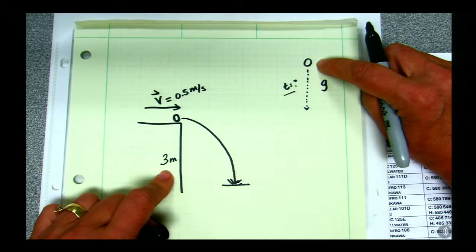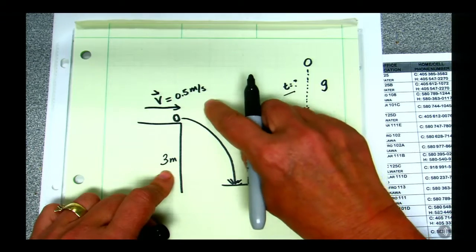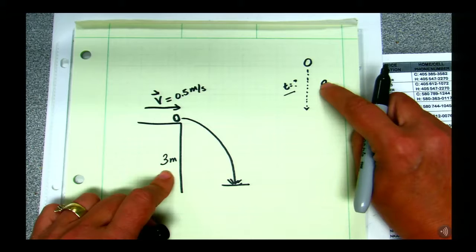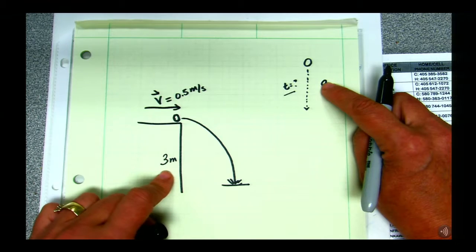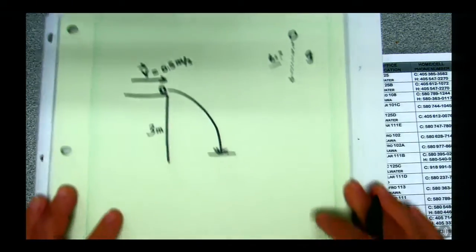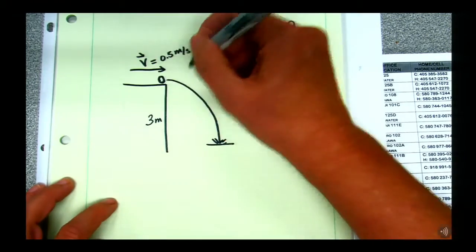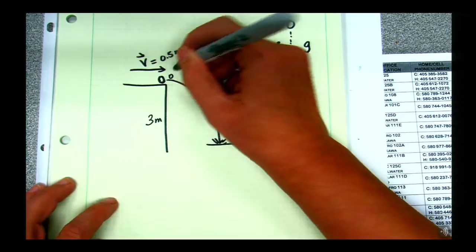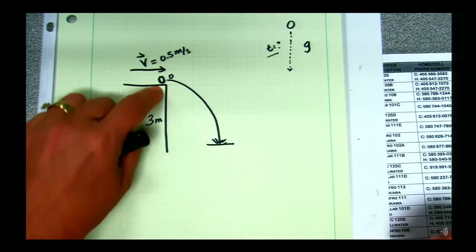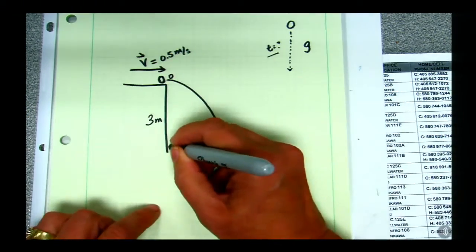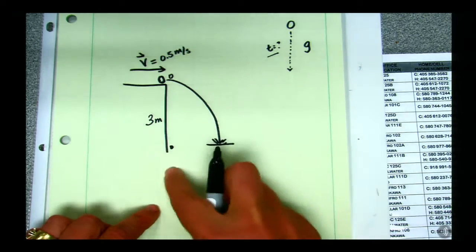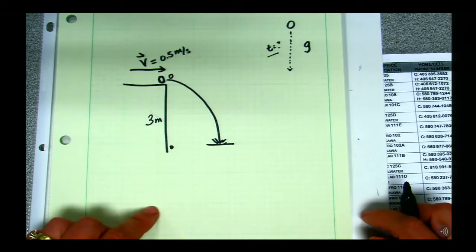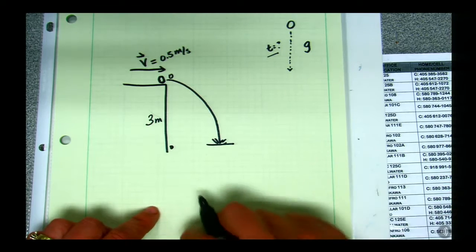My velocity in my x direction and my velocity in my y direction are independent of each other. In fact, if I were to drop a ball at the exact same time that this object goes off the table, they would hit the ground at the exact same time, even though this went a distance away.